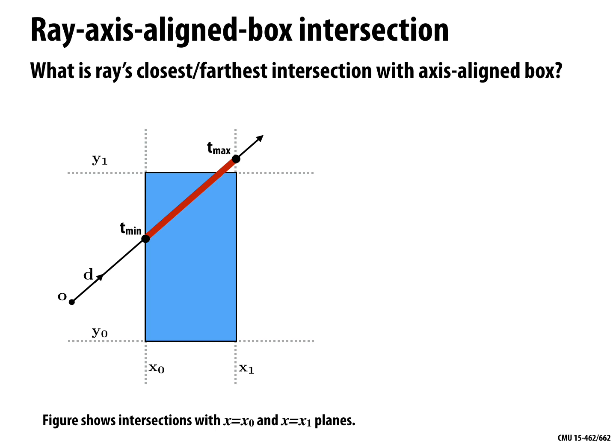If you can do a ray intersection with a plane, then you can probably use that kind of elementary computation to build up some kind of intersection test with a box. So how do we do that? Here's our picture. We have our axis-aligned box, and we have our ray, O plus tD. Okay, and we want to know where and if this ray intersects the box. So how do we do this?